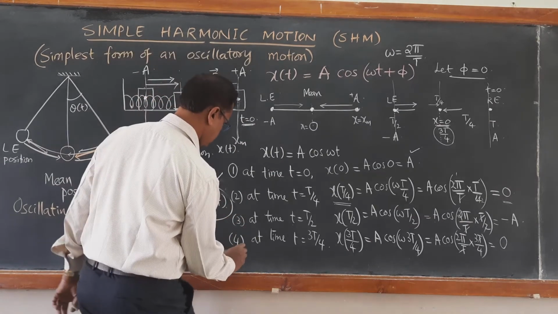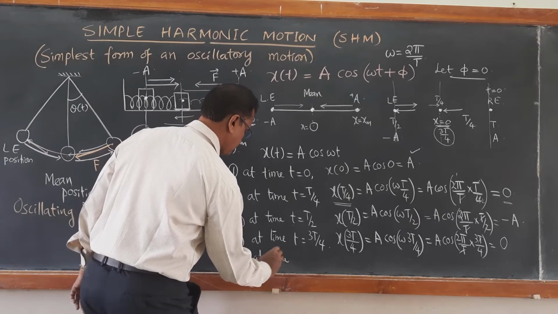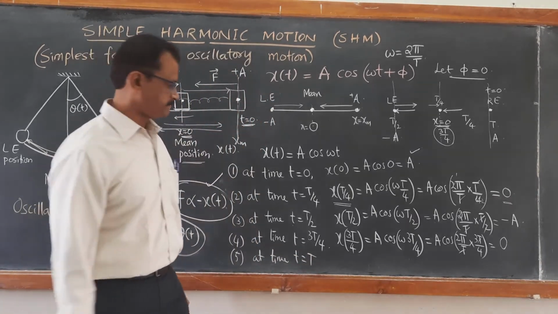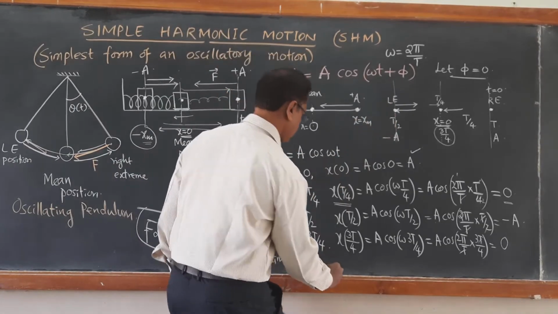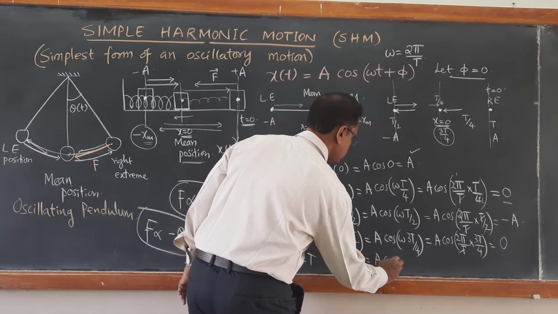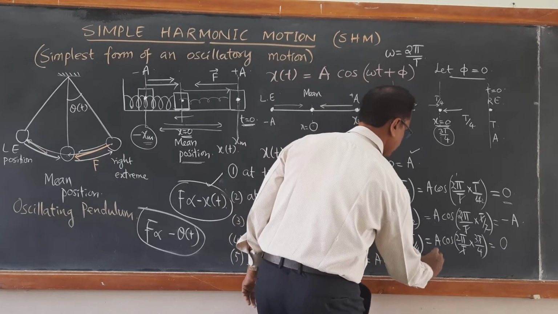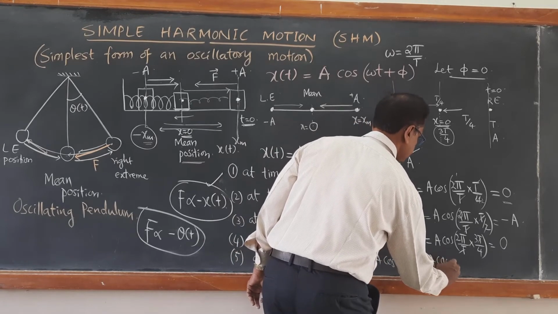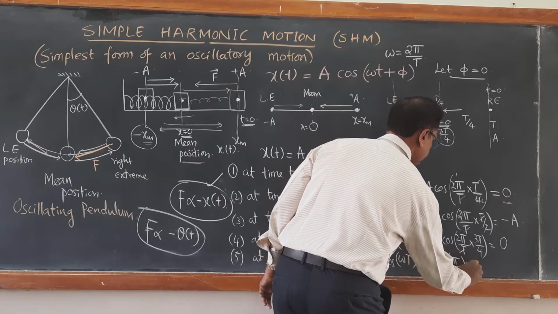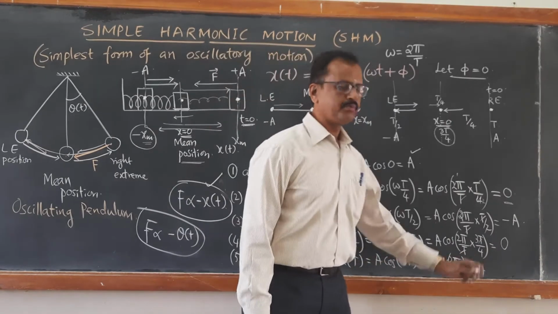Right. Finally, last position at time t equal to capital T, the time period T for one complete oscillation. x at T, we get A cos ωt, A cos 2π/T into T. You see T cancels, so cos 2π is nothing but cos 0.